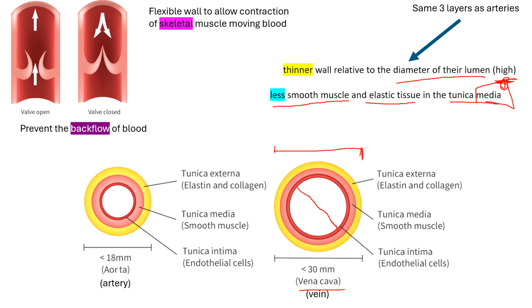But the layers are actually thinner than the aorta, which is an artery, okay, which has a smaller lumen, but the layers are still thick. Look at how thick the layers are, okay? And this is because it wants to sustain more blood pressure, because it carries blood that has just been pumped by the heart, because it carries the oxygenated blood away from the heart.